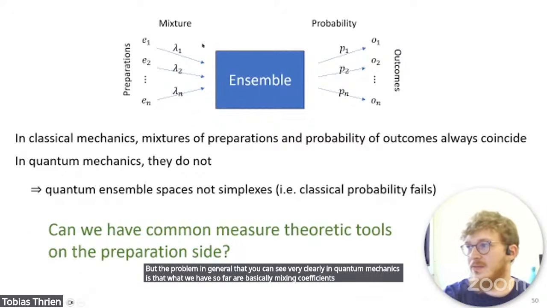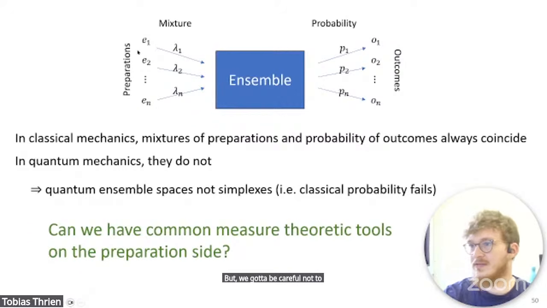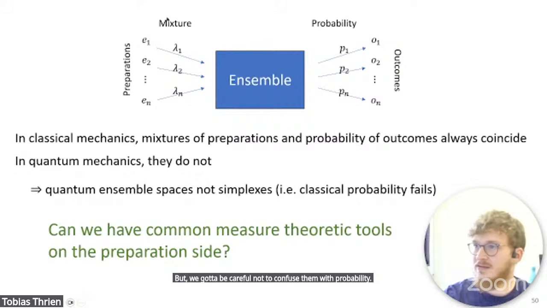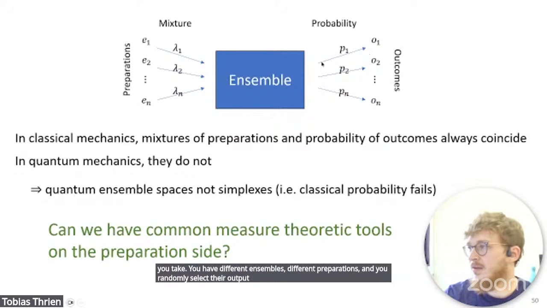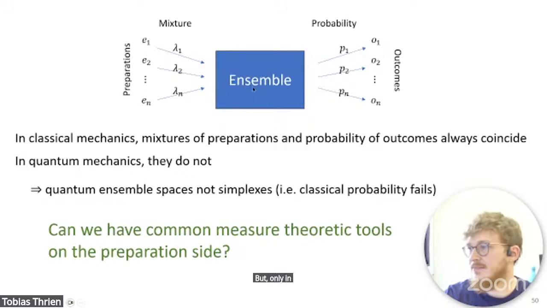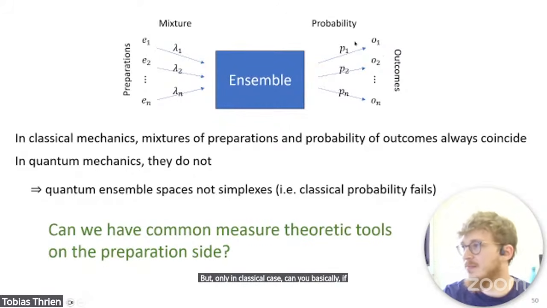We have to be careful not to confuse them with probabilities. Mixing is really when you have different ensembles, different preparations, and you randomly select their output. But only in the classical case can you, if you want, confuse them with probabilities.